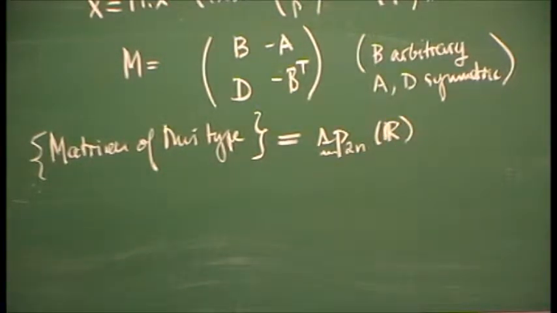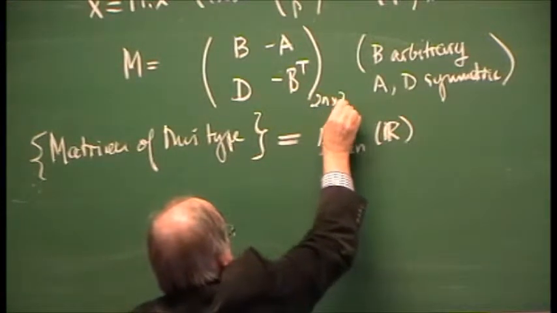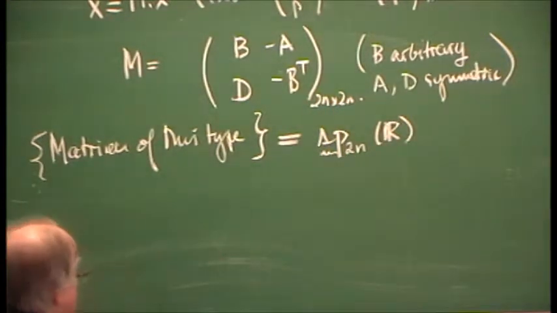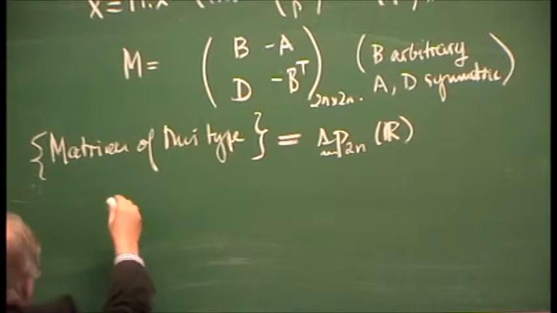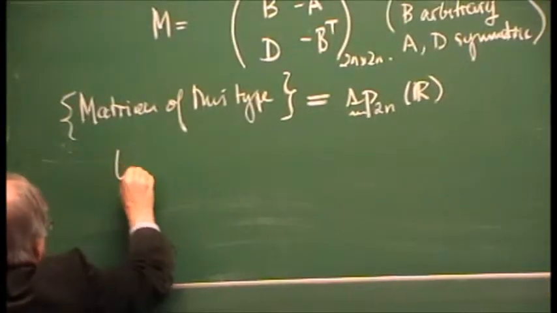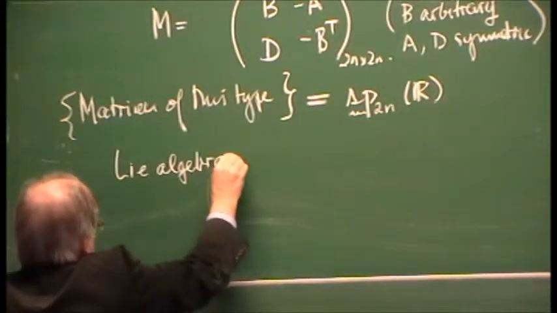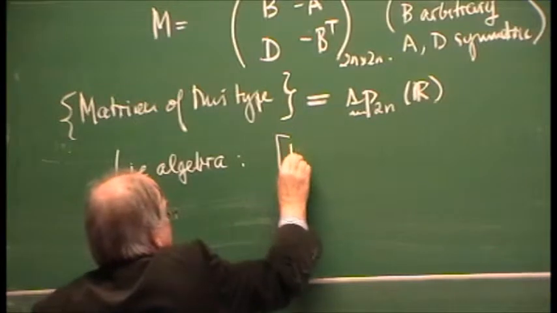The matrices are 2n by 2n matrices, so that's the reason we call it 2n. It is closely related to symplectic geometry. And the key is that this is a Lie algebra. I have to tell you what the bracket is, but the bracket is what you expect.